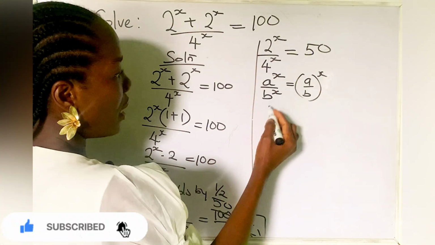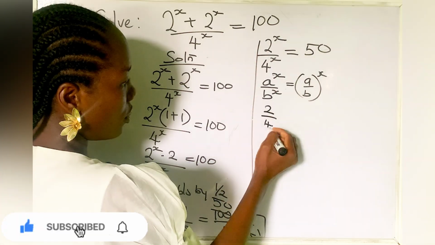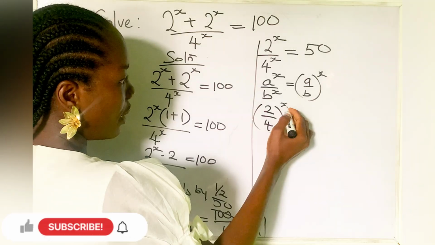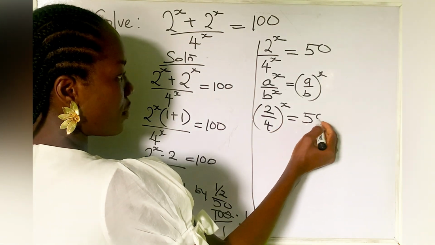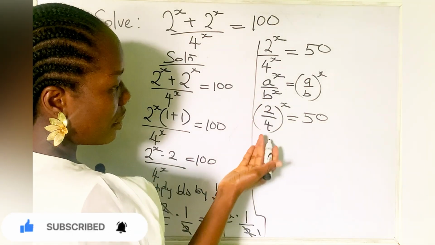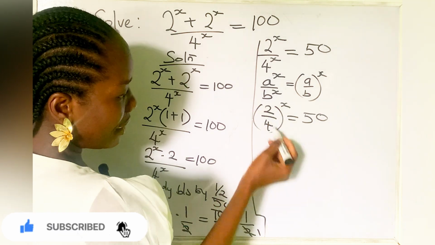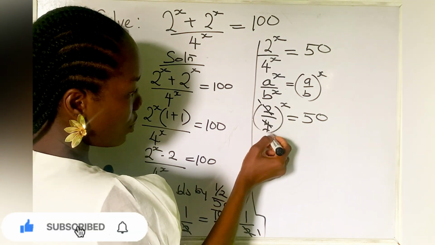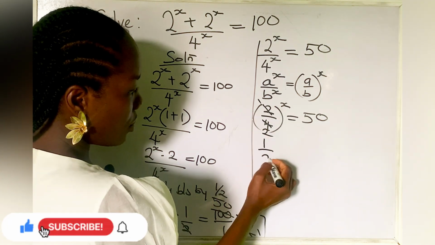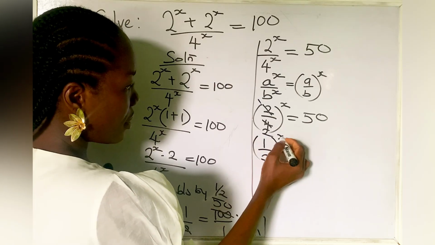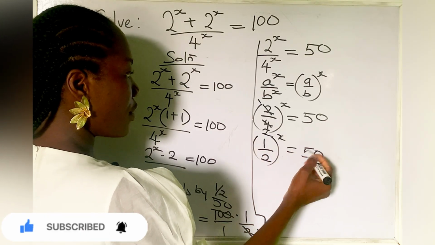So now you have 2 over 4 to the power of x is equal to 50. Now we can simplify this, say 2 here 1, 2 here 2. So that gives us 1 over 2 to the power of x is equal to 50.